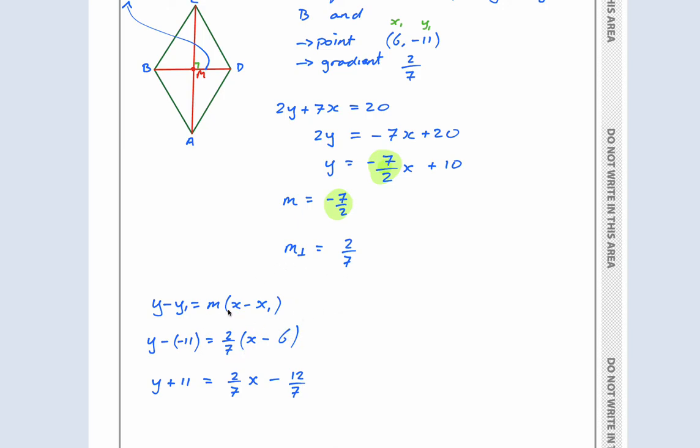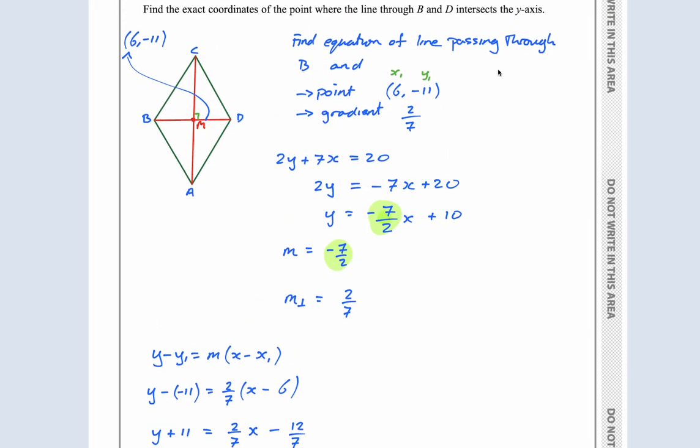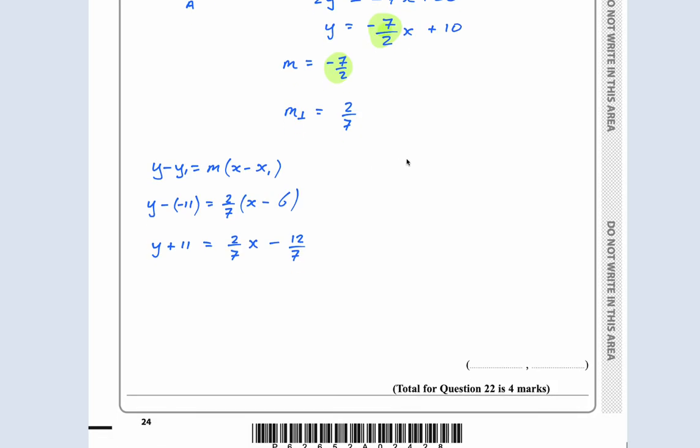But when does it cross the y-axis? Because my question says, where does this line cross or intersect the y-axis? So any line, guys, intersects the y-axis when x equals 0. So I make x equals 0 here, and I have y plus 11 equals 0 minus 12 over 7. Y is equal to minus 12 over 7 minus 11.